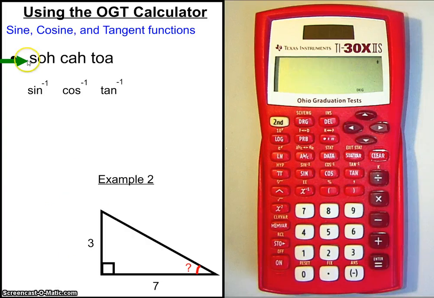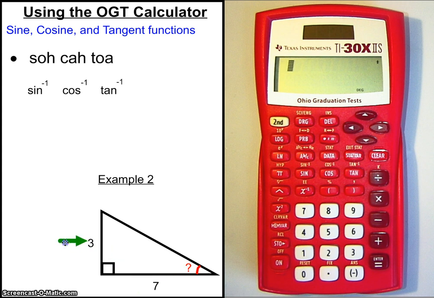Okay, so looking at example number 2, what you would notice is that we're actually trying to find this particular angle. Again, this is a right triangle, and we're trying to find this angle. We know the opposite side is 3 units long, and we know the adjacent side is 7 units long.